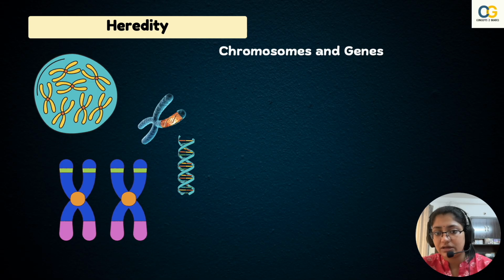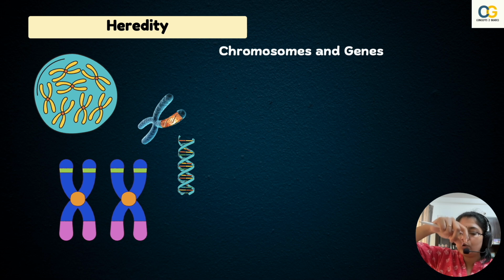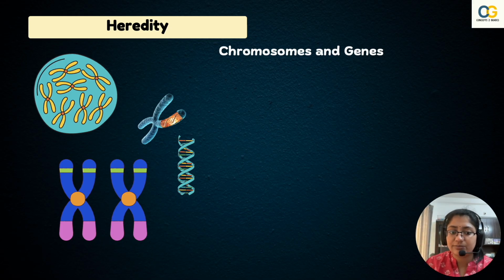You'll learn more if you take bio in 12th. So the 4-letter code determines everything in your body. Every 3 parts of the code become a code for one particular amino acid. Every amino acid chain becomes a protein, and that protein is everything in your body. We are ultimately a bunch of protein.